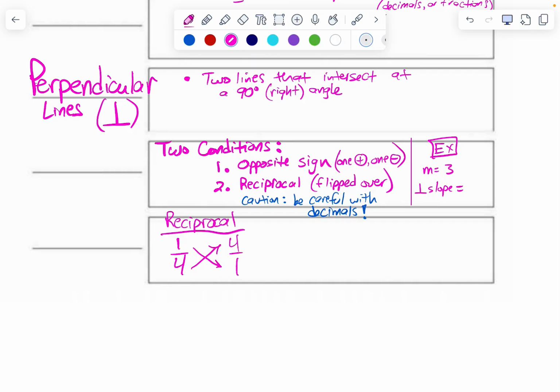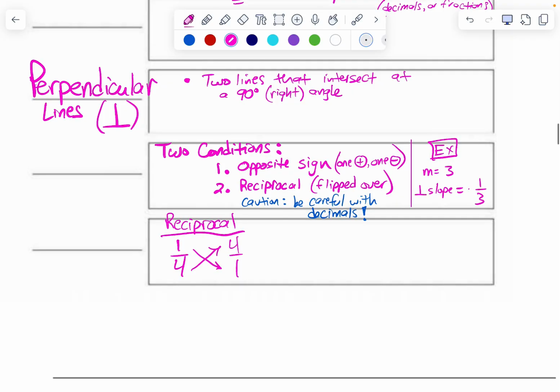Okay? Yeah, way to go. So the reciprocal of 3 is 1 over 3. And then we make it negative so that it's perpendicular. So negative 1/3 is the perpendicular slope for positive 3.